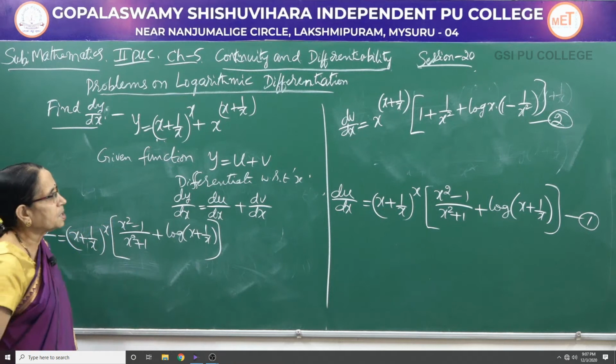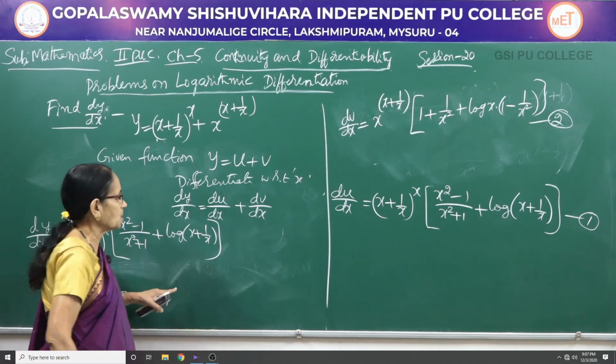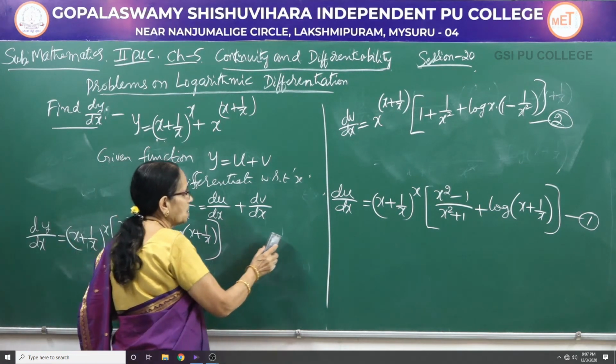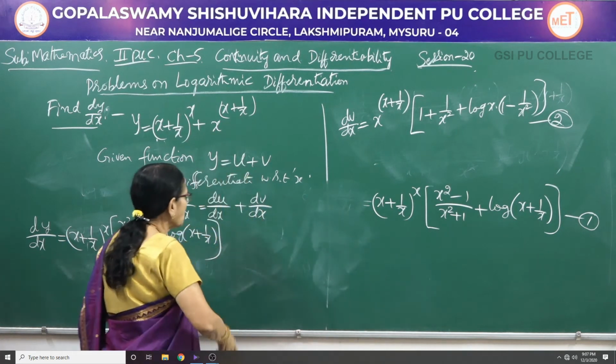Now, this is the derivative of the first part of the function, in other words du by dx. Next, I go to the second part.